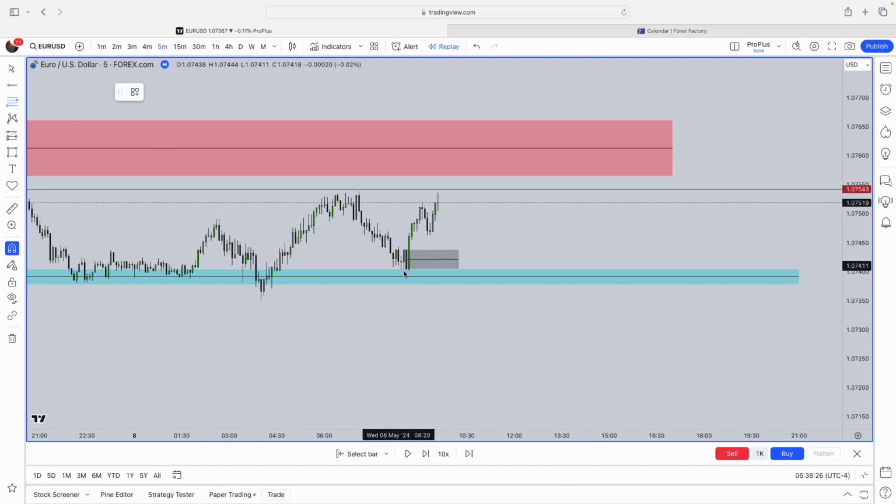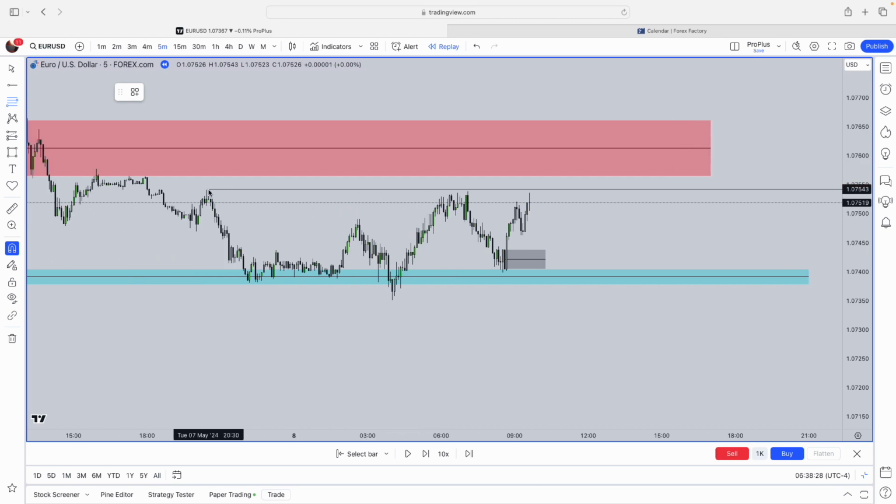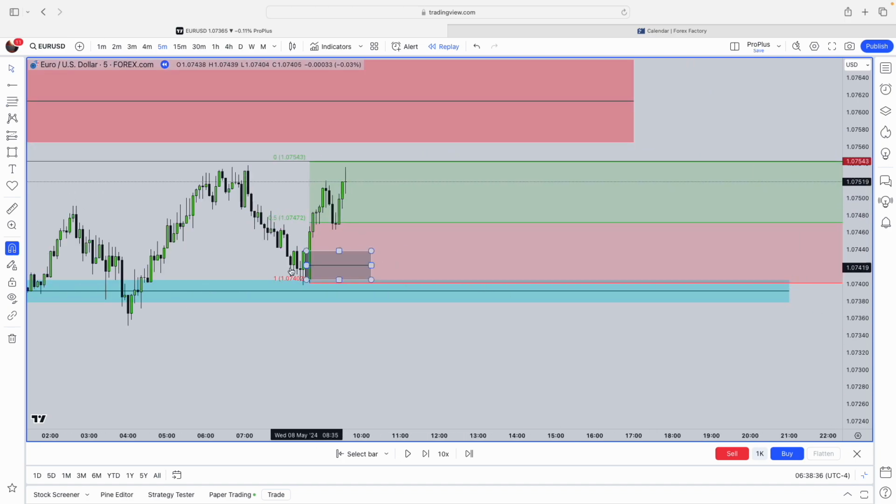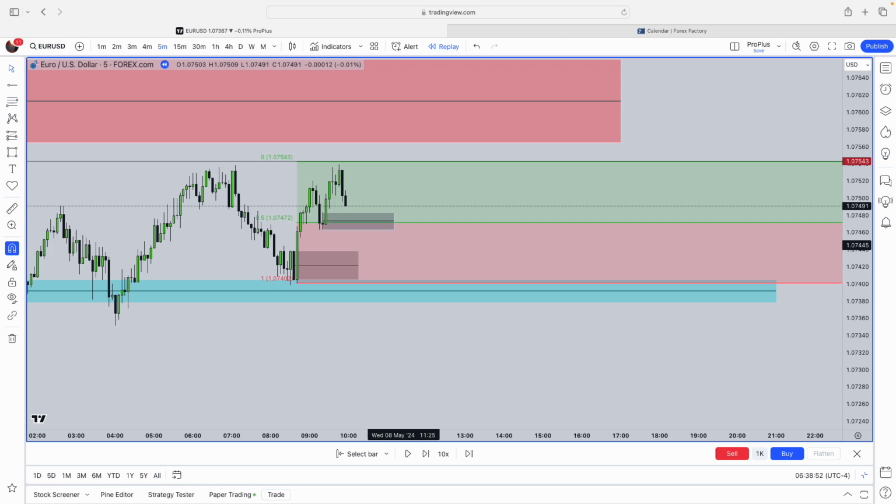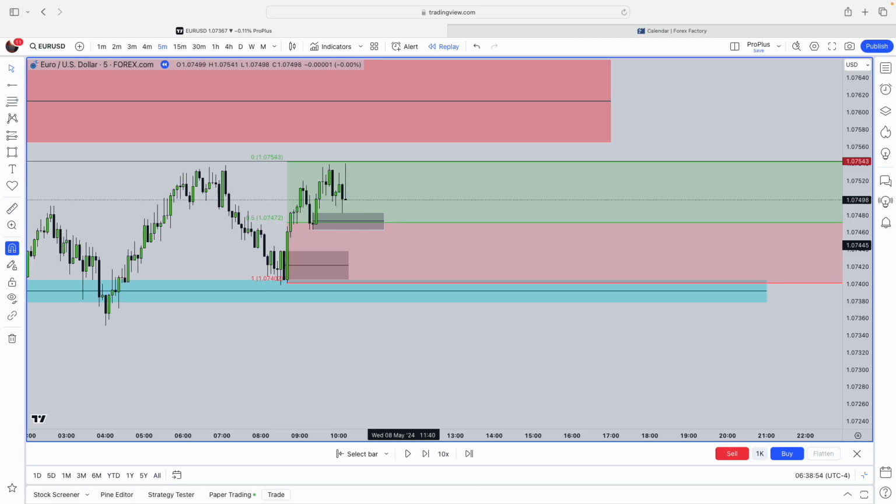So now we're looking, if we see this is the draw on liquidity still here, so from this push, draw the fib to here, then this is in a discount. These 3 candles here are still in a discount because it's tapped into the equilibrium here. So this could potentially be an order block still. So let's just see if it wants to tap into it.